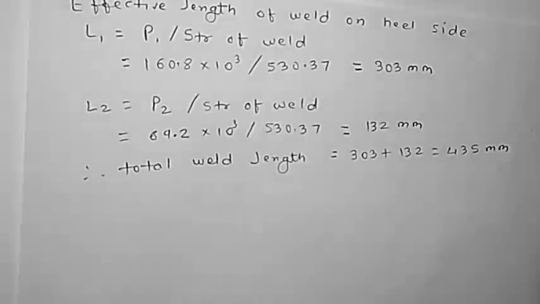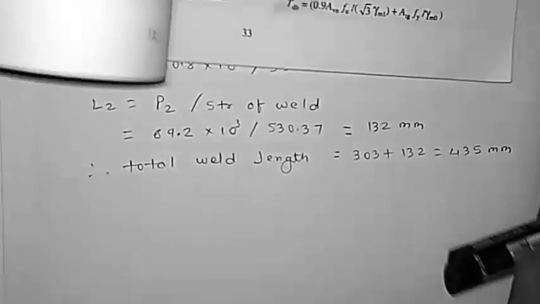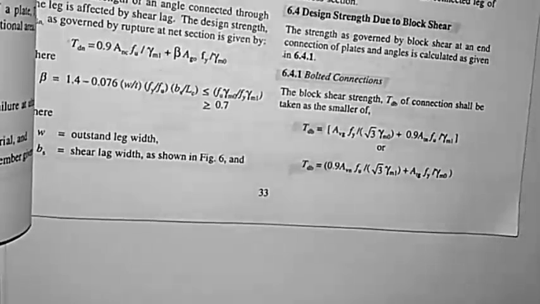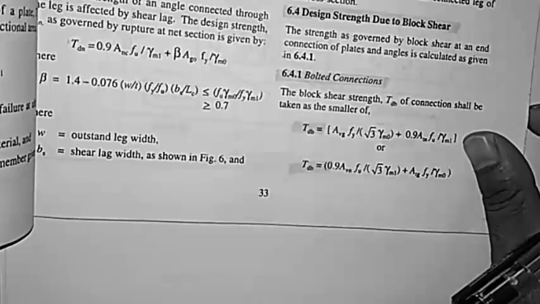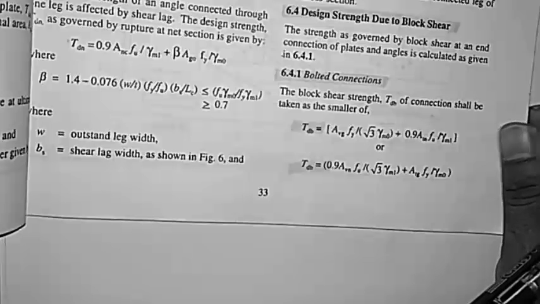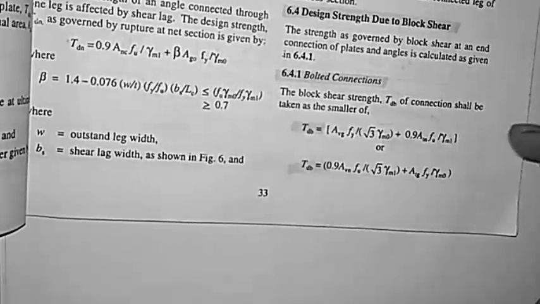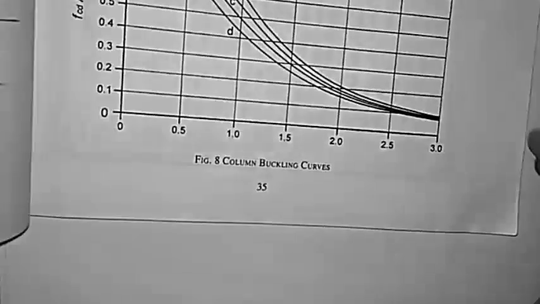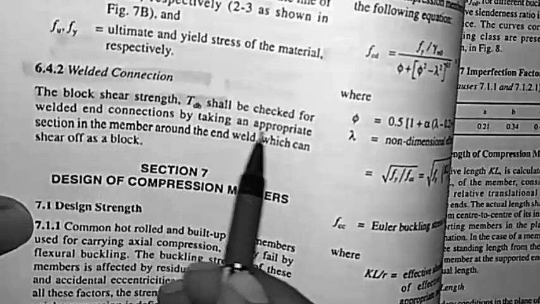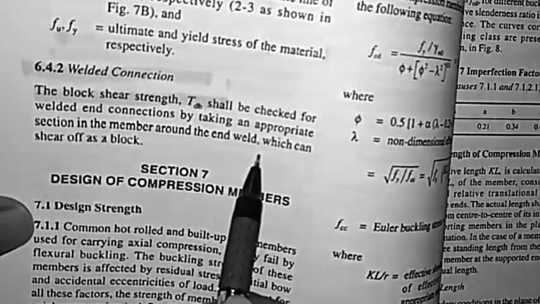So for that again we just need to go to the page number 33, and where you will get this block shear as TDB1, that is clause number 6.4.1. So actually this is already given for the bolted connection, but if you just look at here, the block shear strength shall be checked for the welded connection by taking an appropriate section in the member around the end weld.